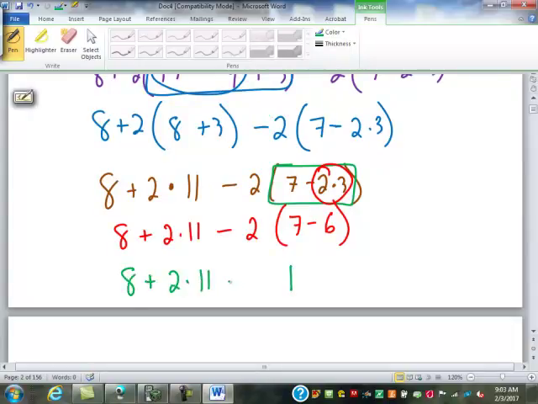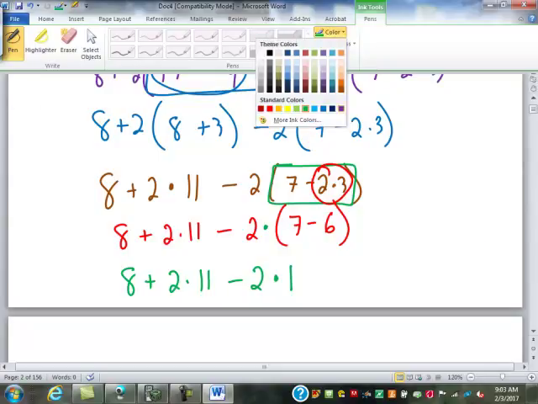And since that parentheses is down to a single number, I'm going to take out the parentheses as well. And we do have to once more put in multiplication. Now, all the parentheses I had in this problem had a number in front of them, so we had to remember to put in that multiplication. There will be times where there's addition or subtraction in front of them, so you don't have to put that in. But the multiplication only has to go in if there is no other operation in front of that parentheses.